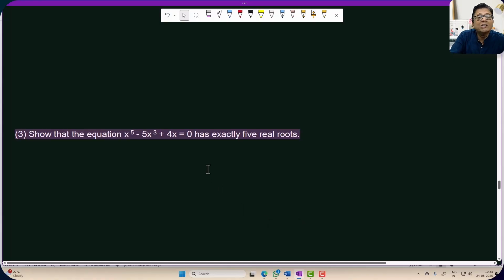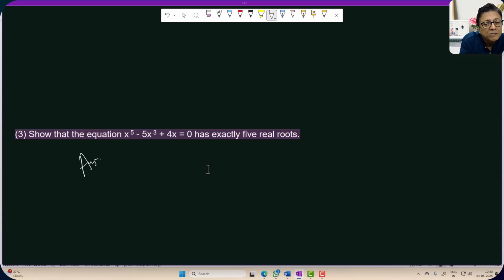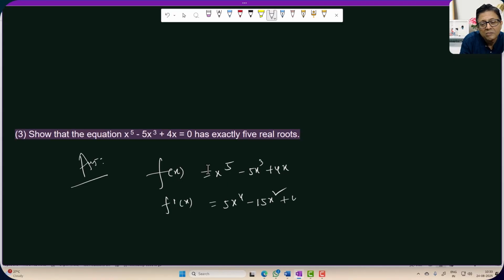So that this equation has exactly 5 real roots. Let us start. f(x) will be taking this thing, 4x. f'(x) is 15x square plus 4. f''(x) is what? 20x cube minus 30x.